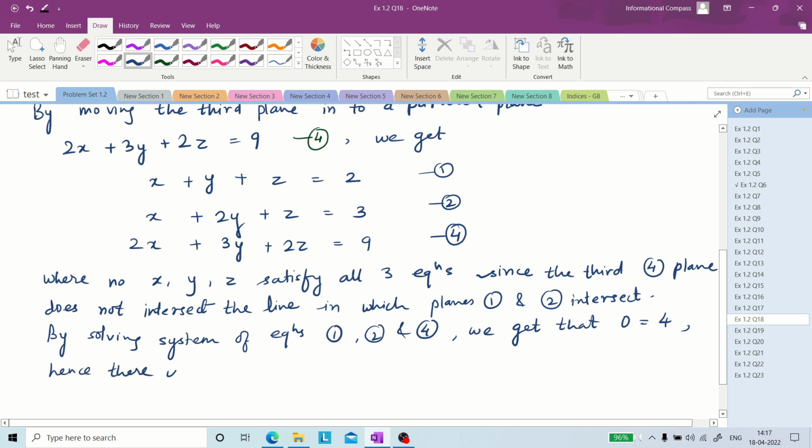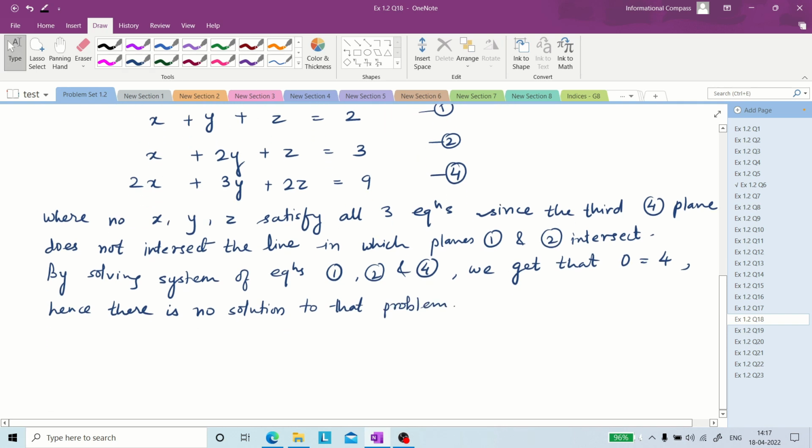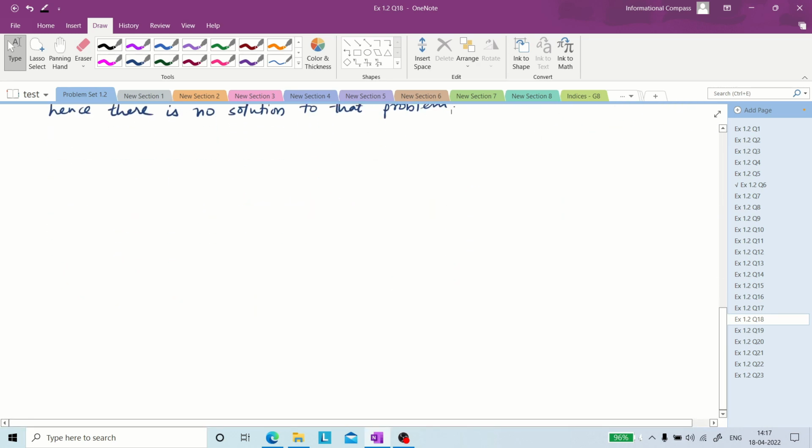Hence, there is no solution to that problem. So this is our result. How are we going to get the result? Just write down, it's just 1 or 2 sentences, that's it.